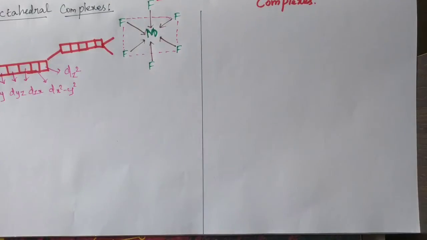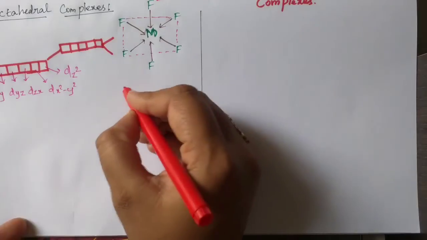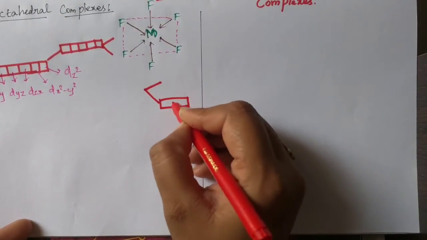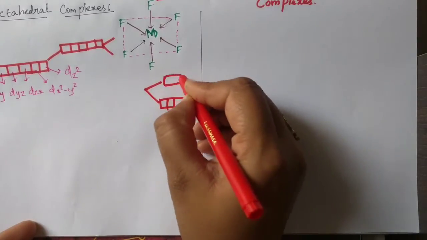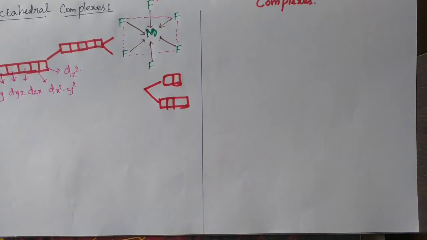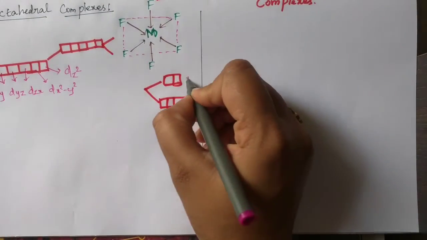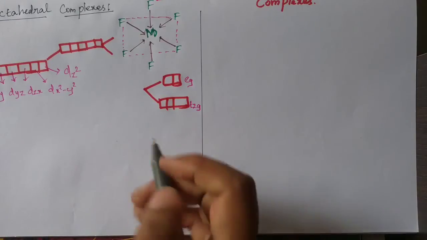When it splits into 2 sets, this is named T2g and this is Eg, right?